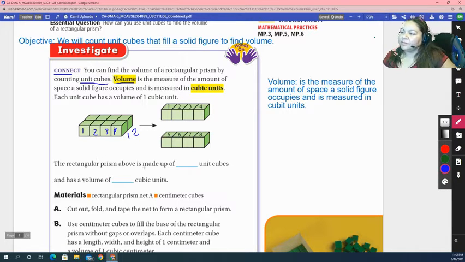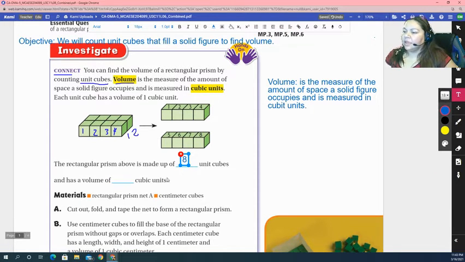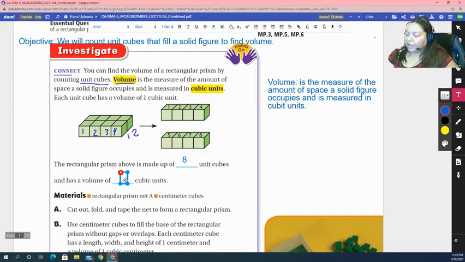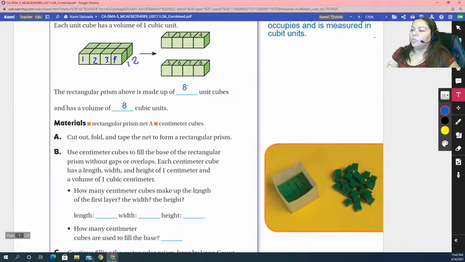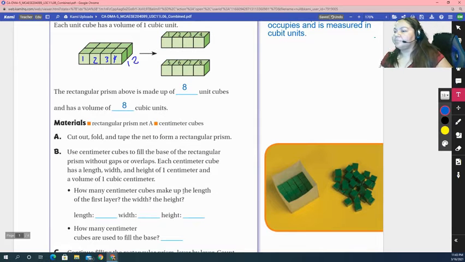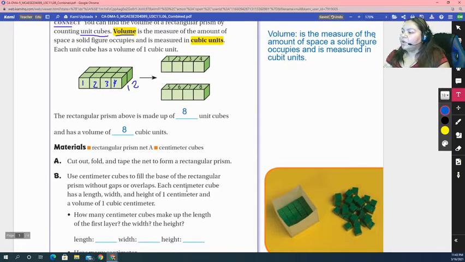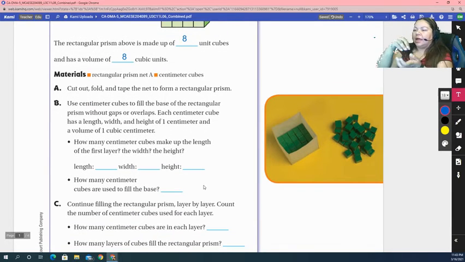So the rectangular prism above is made up of 8 cubic units, and that means that it has a volume of 8 cubic units. When we think about volume, we're thinking about how much space it takes inside of a three-dimensional figure. How much space does that figure take up?